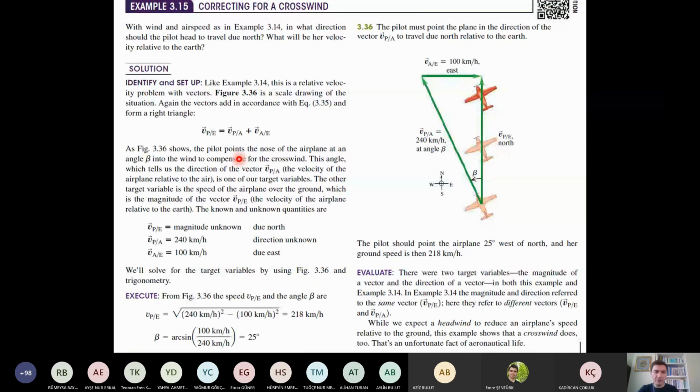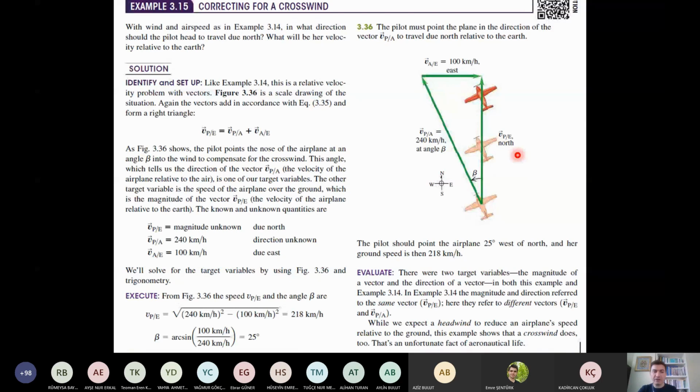So now just use the relation for this triangle. This is 90 degrees, okay? So everything is given. So by using this relation, square of this one plus square of this one will give you square of this one in terms of magnitude.